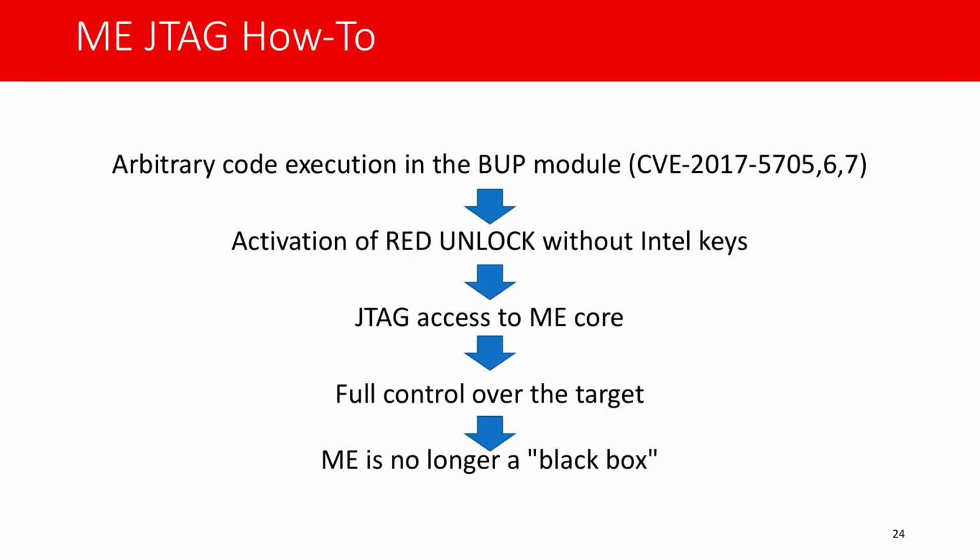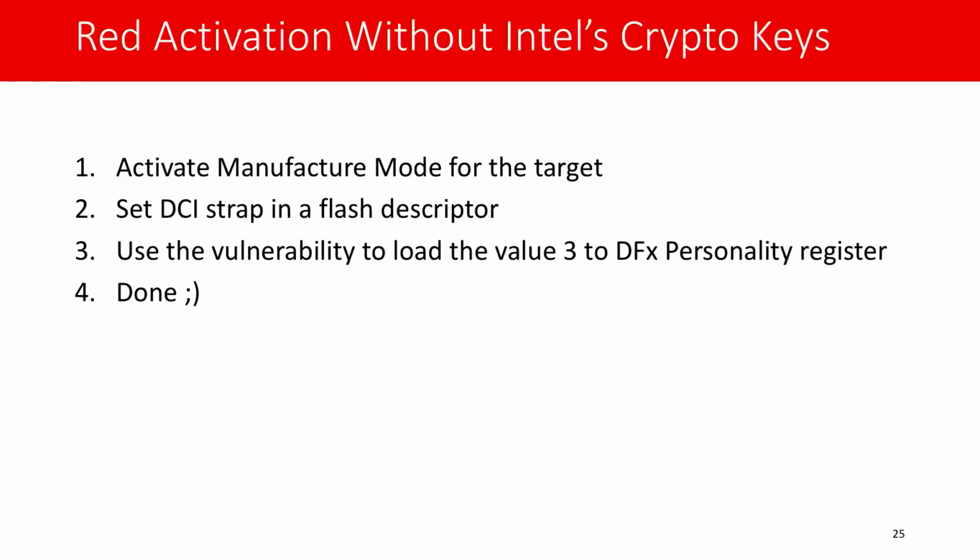And to research the internals of ME, red activation without Intel keys may be done in 4 simple steps. First, activate manufacturing mode for the target. It is needed for DCI and to set the DCI strap in the flash descriptor. Then, using the vulnerability, load value 3 to the DFX personality register.